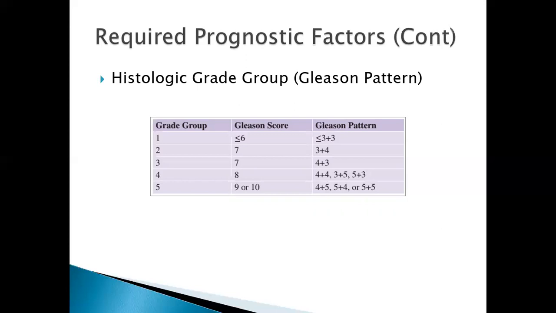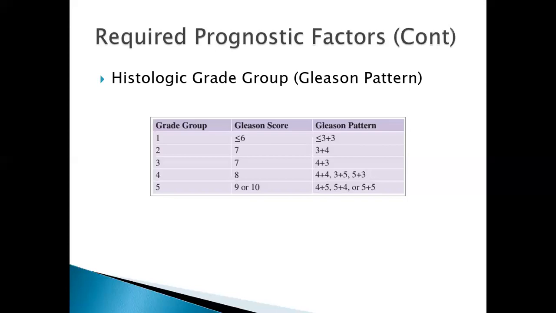Then we'll take the Gleason score, Gleason patterns from the surgical resection or the prostatectomy to assign the pathological grade group, and then we would use that grade group to assign the pathological prognostic stage group. So you'll figure out 2 grade groups, the clinical and the pathological, if the patient has surgery.